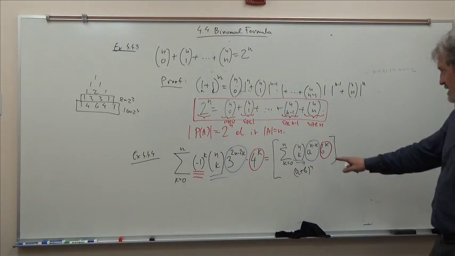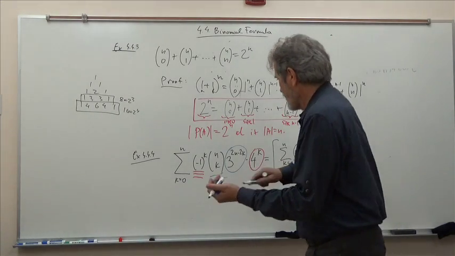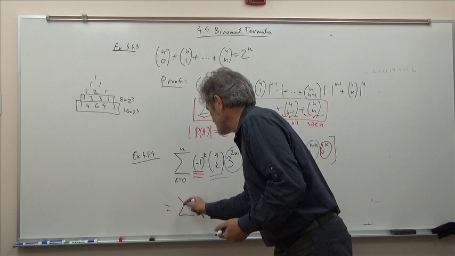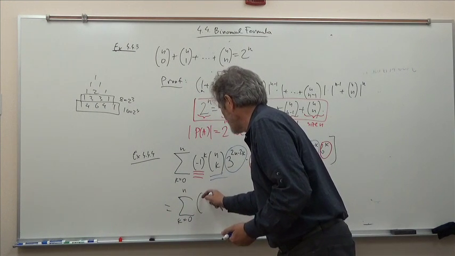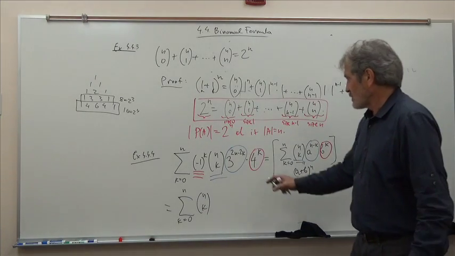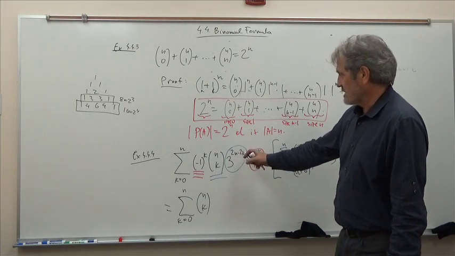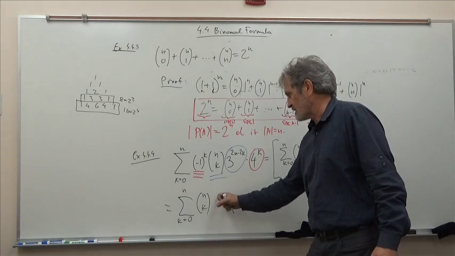So in order to have this look like this, here's what I can do. I write it as sum, k goes 0 to n. I would then choose k as I should. And then what? I have a little trouble here. I don't want 2n minus 2k. I'd like n minus k. So here's the trick.